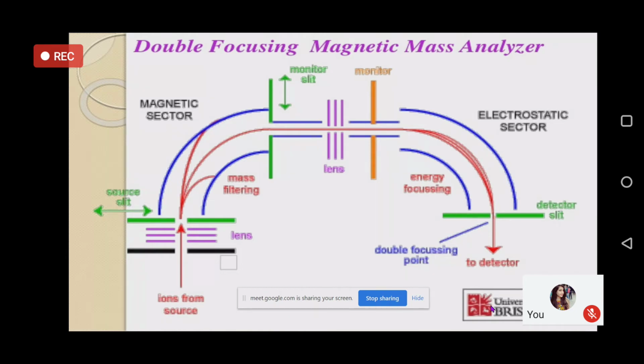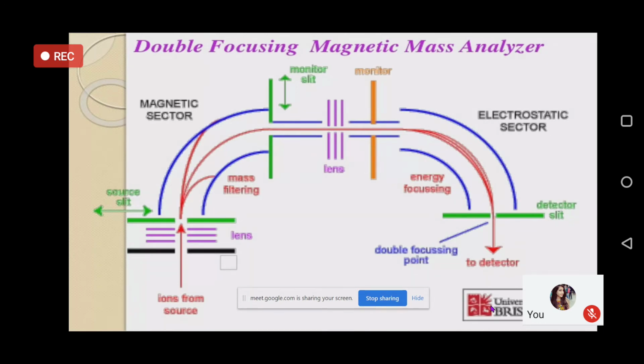So when the ion beam enters the electric field, the arrangement is a curved electric field, a definite path to be followed, because the ion has to reach the slit at the center. So only the ions having a particular value of v, defined by the strength of the electric field and the radius of the path that is to be followed, will be able to travel it and reach the slit at the center.